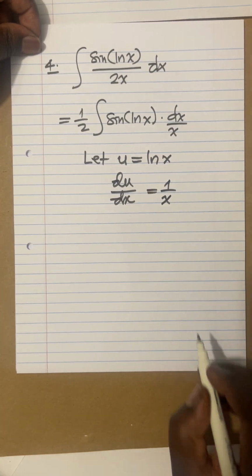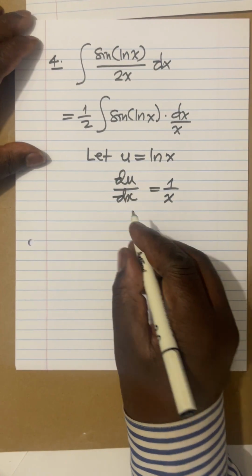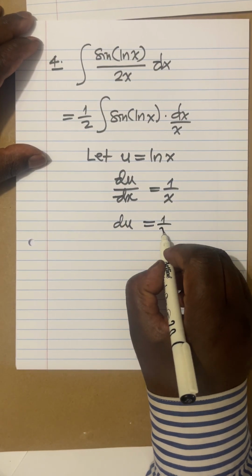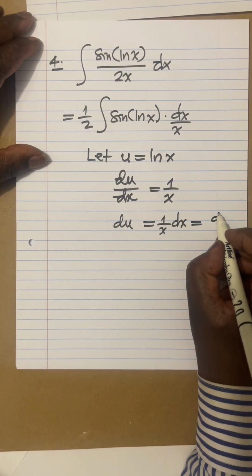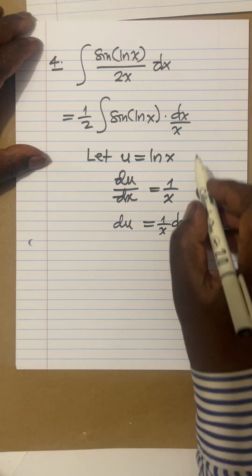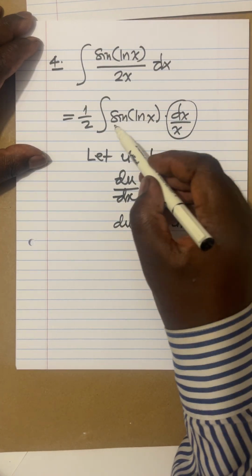Remember the differentiation of log functions, right? Multiply both sides by dx, you're going to get du is equal to 1 over x dx, and remember this is just dx over x, and this expression here is that expression there. So in that place I'll put du, and here I have sine u.